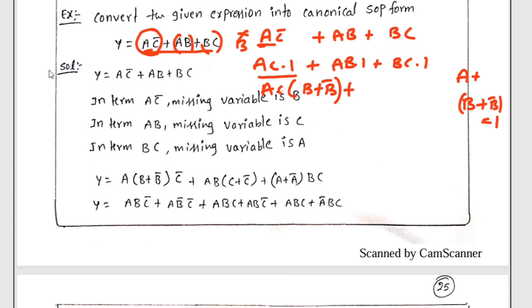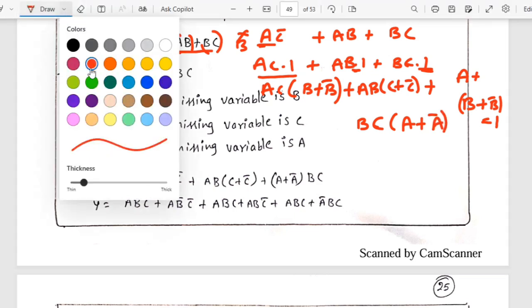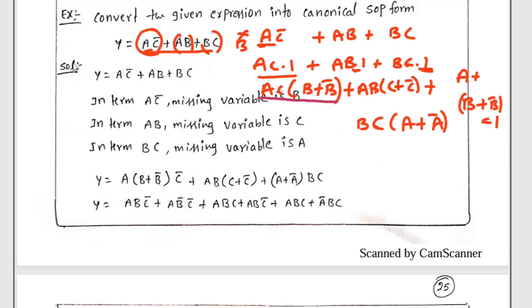Similarly, AB into what is missing here? C is missing, that's why I'm writing C plus C bar. And here, what is missing? A is missing. So BC into A plus A bar. Finally, I'm going to multiply everything, then you'll understand. First take this term: AC bar B plus AC bar B bar.